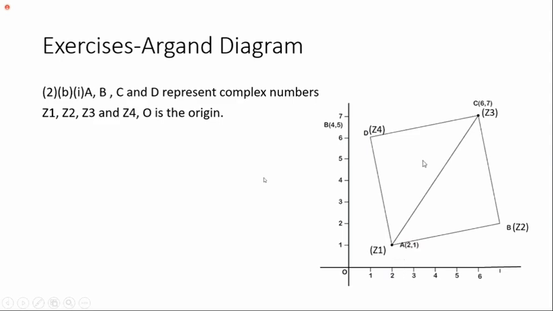Given are A and C complex numbers: Z1 is 2 plus j, Z3 is 6 plus 7j. Then given ABCD is a square. ABCD is a square, see?